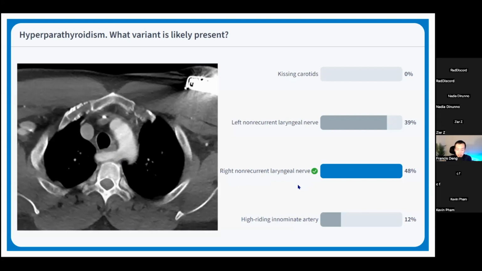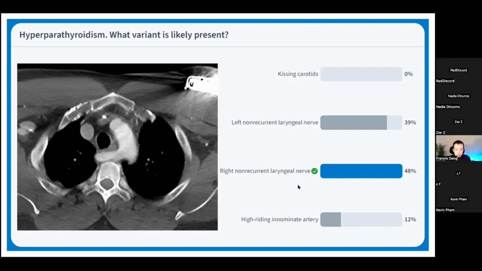And so it is non-recurrent, meaning it kind of goes down the neck with the branches off the vagal nerve and goes directly to the voice box without taking an inferior loop and coming up. And so this is important to recognize in parathyroid localization scans because this represents a surgical hazard. The fact that the laryngeal nerve is non-recurrent, if the surgeon doesn't know about that, they may accidentally injure that nerve because it's not in its usual place.